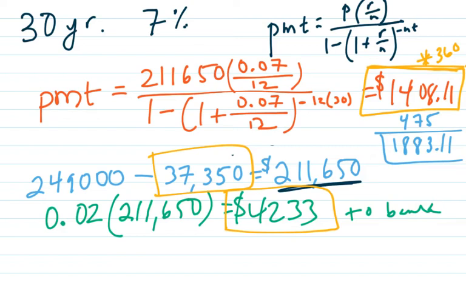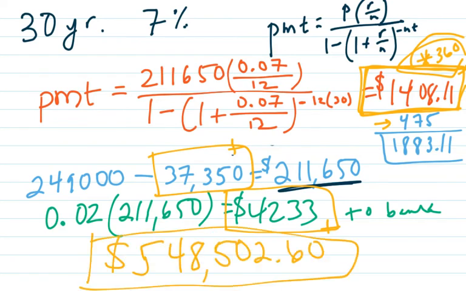So, not considering the homeowner's insurance and possible property taxes, if we just look at the things that I've boxed in yellow with that multiplication of the monthly payments plus the down payment plus the points, the Martins end up paying $548,502.60.